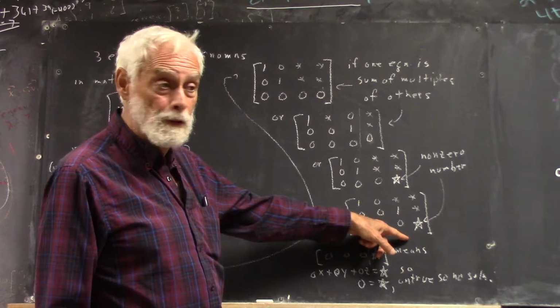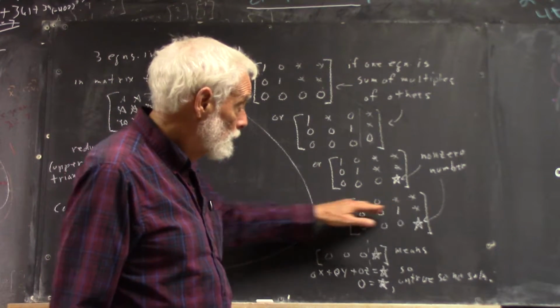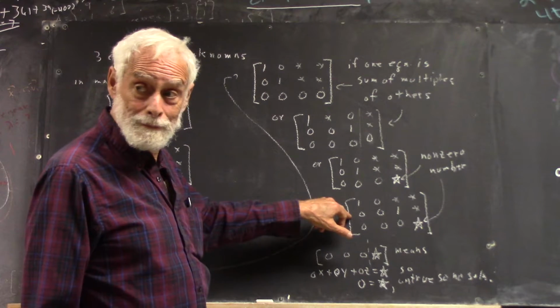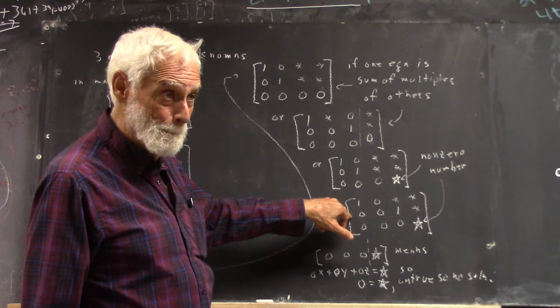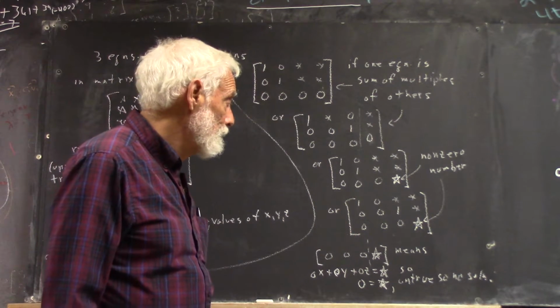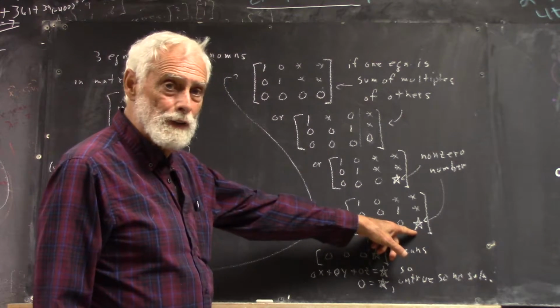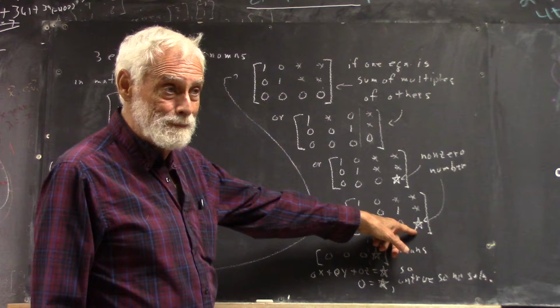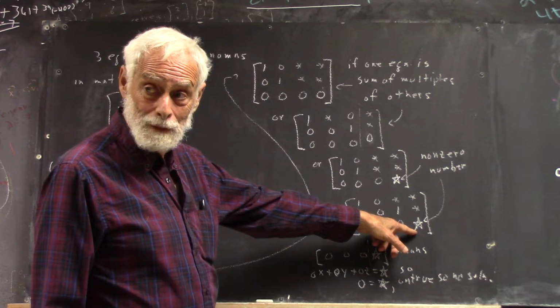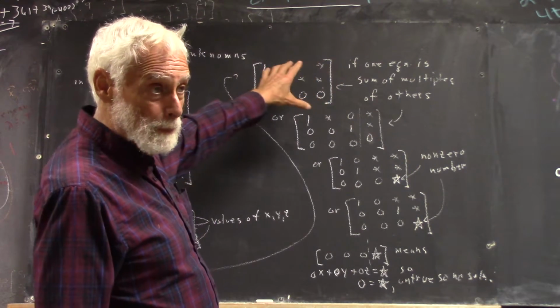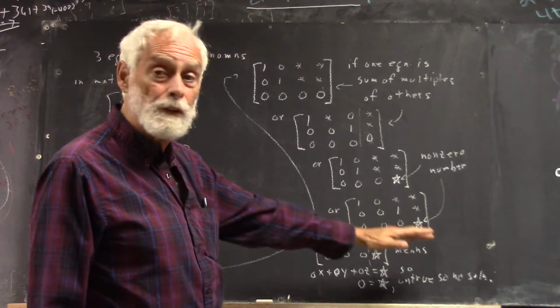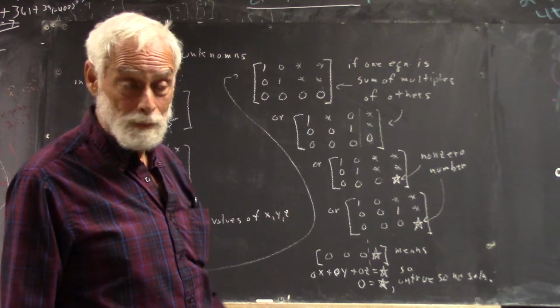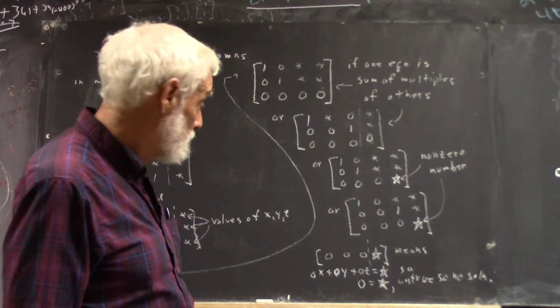If it was parallel to both of the first two, you'd have a row of zeros here as well. And having a non-zero here says it's parallel, but it doesn't coincide. So there's a geometric interpretation that comes out of this. It's not too hard to understand. That's why I'm talking about it here in the second day of class. Okay?